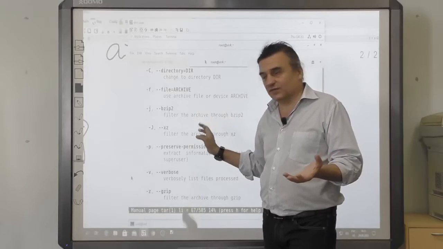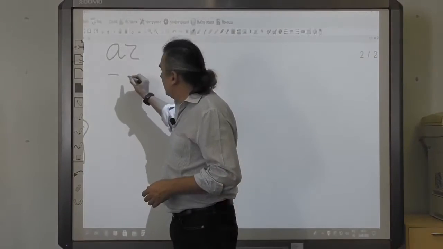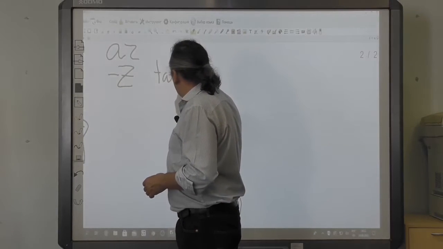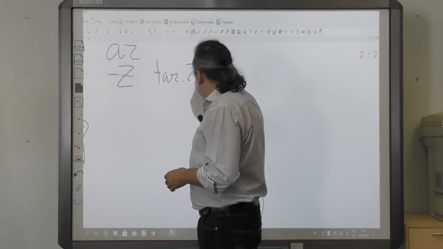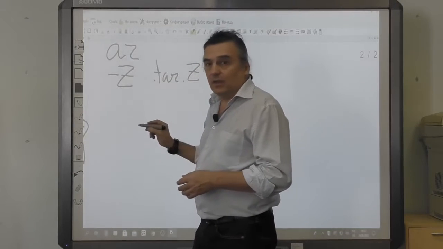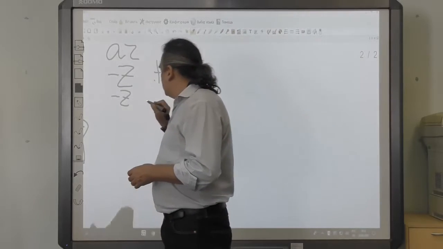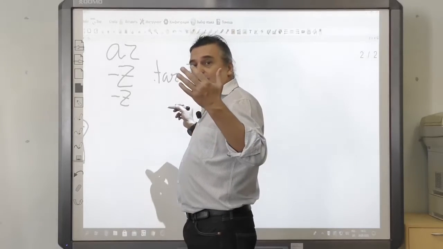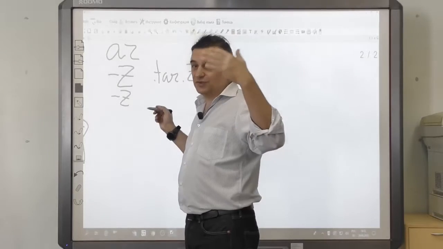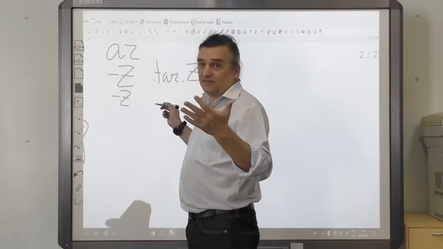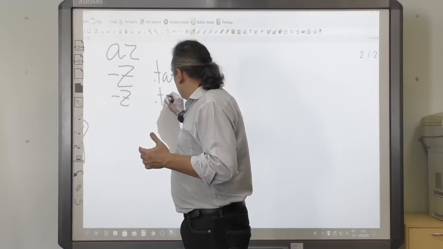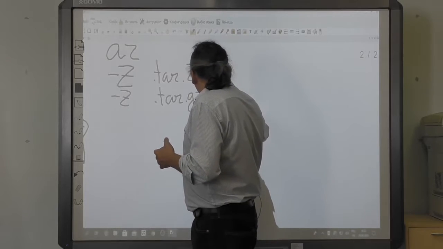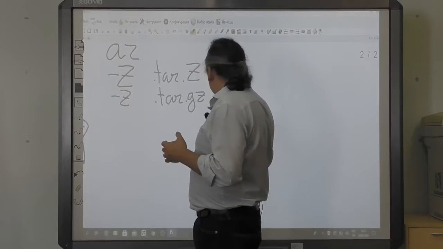Archive suffix is tar.Z. Small z means standard gzip, gunzip, with archive suffixes tar.gz or just tgz.